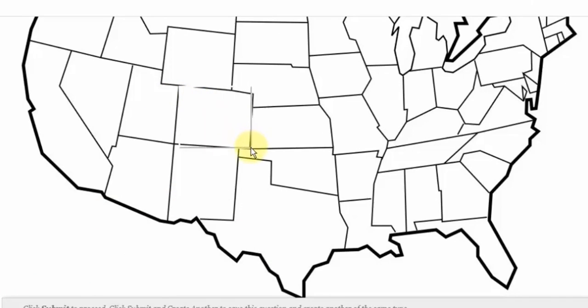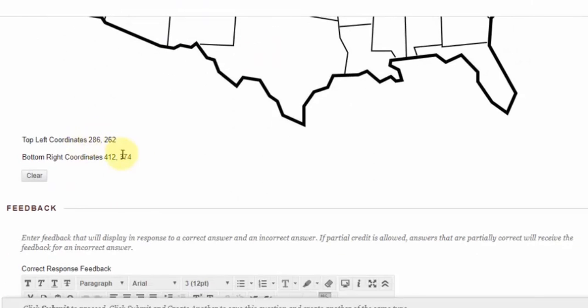There we go. So you're gonna click, and then you're gonna hold down the left side of your mouse, and then just drag it over. That way it makes this box for your students to see. And then both coordinates are set there.